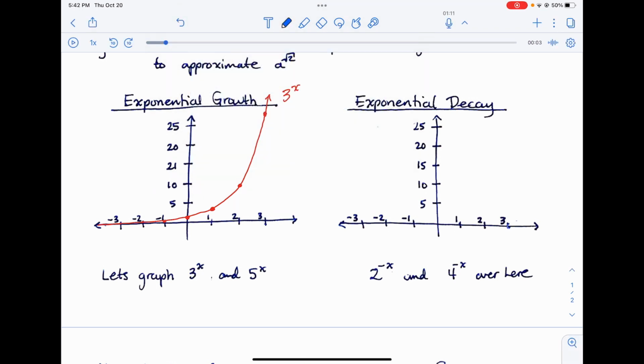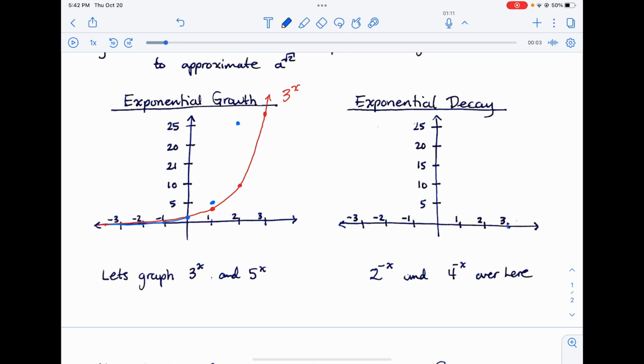If we were to compare this to 5 to the x, it's going to look a little different. It's still going to go through the 0, 1 point. But if we do 5 to the power 1, we're going to get this point over here. And 5 to the power 2 is going to jump all the way up to 25. And over on the left side, we're going to get values that are even smaller than what we got for 3 to the x.